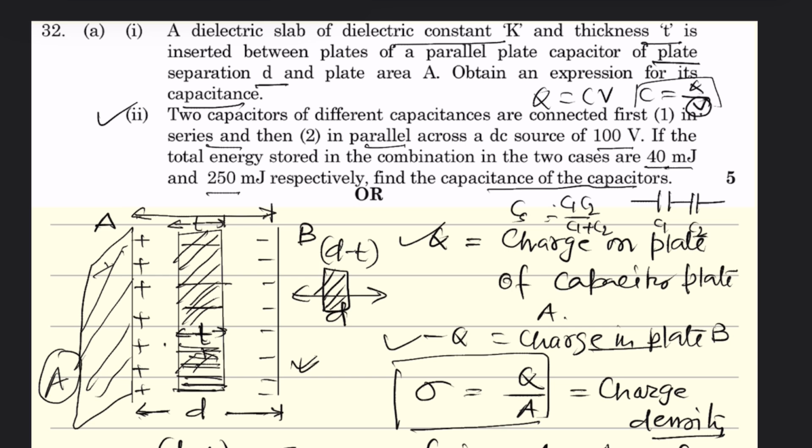Now, when the two capacitors are connected in parallel with the voltage source of 100 volt, what is the equivalent capacitance? If C1 and C2 are the individual capacitances, then the equivalent capacitance in parallel is C1 plus C2. When in series, what is the energy stored? Energy stored is half C V square. We put the equivalent capacitance for series, and then for parallel.